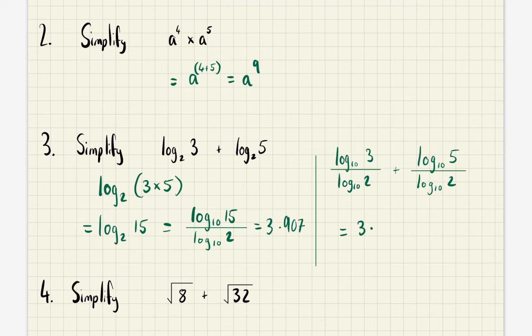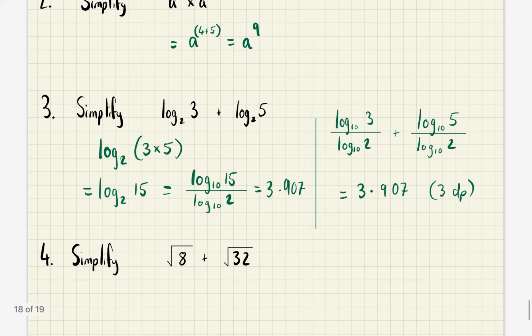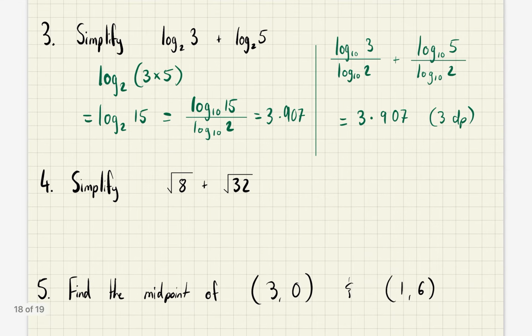And then when you put that into the calculator, you will actually get the same thing, 3.907, to 3 decimal places in both cases. Now I know it looks like this one is faster, but typing into the calculator that way actually takes a lot longer, where 3 times 5, we all know that's 15, so just to type this into the calculator is only one fraction, it's a bit quicker.